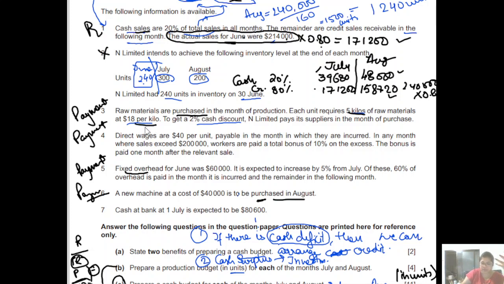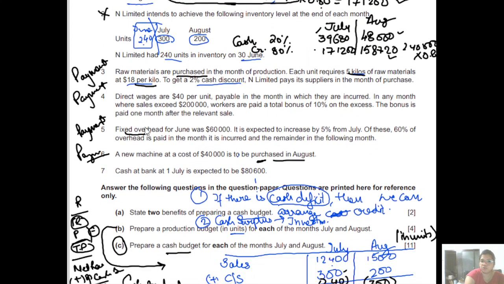So it's very simple. For that you need to know what is your month's production, because if you know your month's production, then you have to multiply it with 5 kilos, because each unit requires 5 kilo raw material.